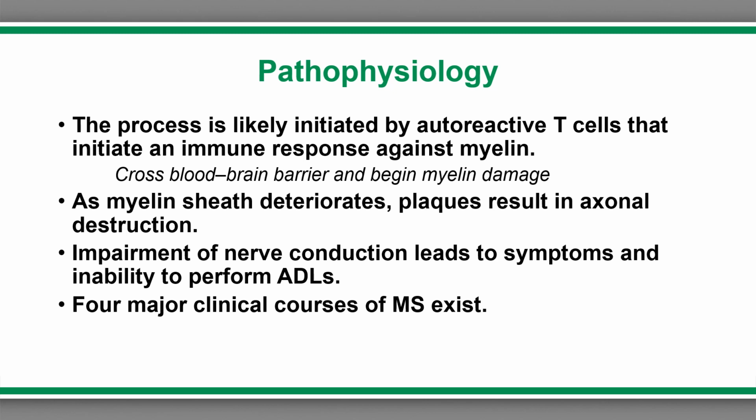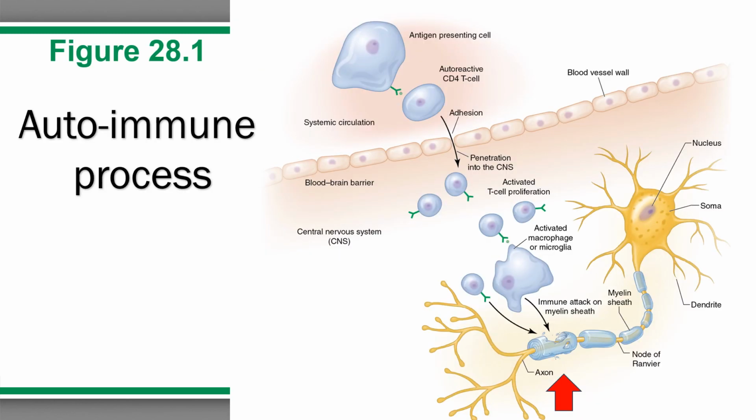There are 4 major clinical courses. And the process, as you see in the picture in figure 28.1, starts with that autoreactive CD4 cells. And I know we talked about CD4 cells in cancer. The CD4 cells are the helper cells. They actually will move across the blood-brain barrier, and somehow it's not quite understood.